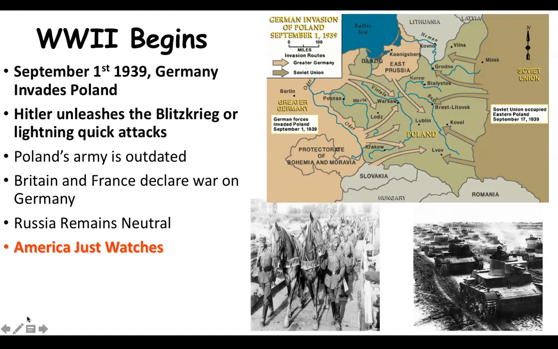We really got into the beginning of the war, and we said that the war begins September 1st, 1939, and that's when Germany and the Soviet Union attack. And I found a much better map online that I wanted to share with you. You can see that the Soviet Union is really coming in from the east. And when we think of someone attacking, this is a fully fledged attack.